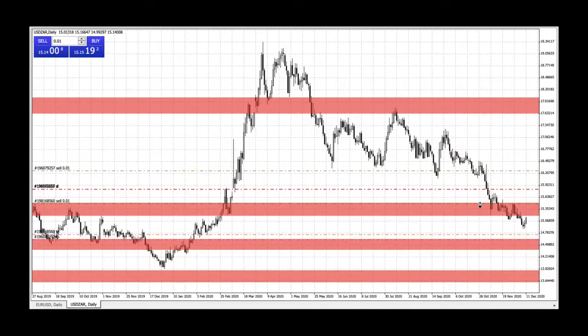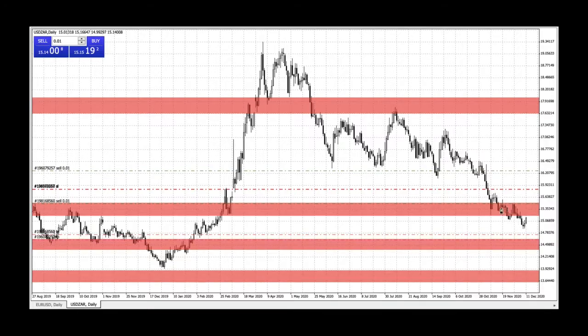From the daily chart, what we can see is that the price broke this support zone, and now it is going on to retest it as a resistance zone. As we can see, the price made a lower low from a lower high, and it hasn't yet made a lower high or another higher high.